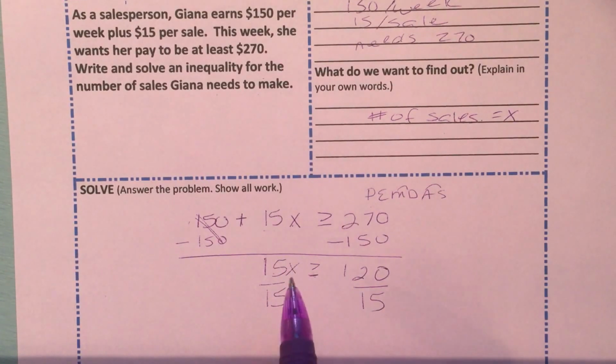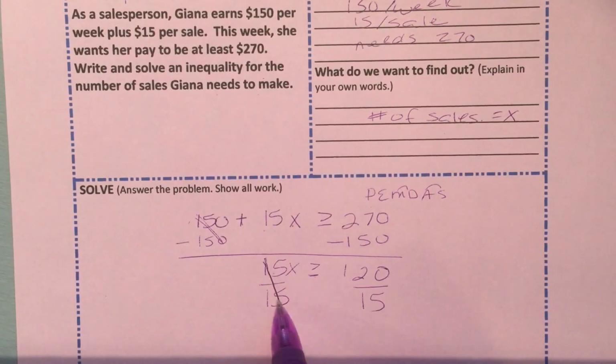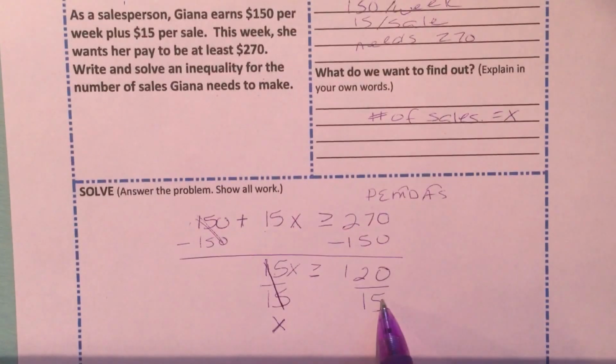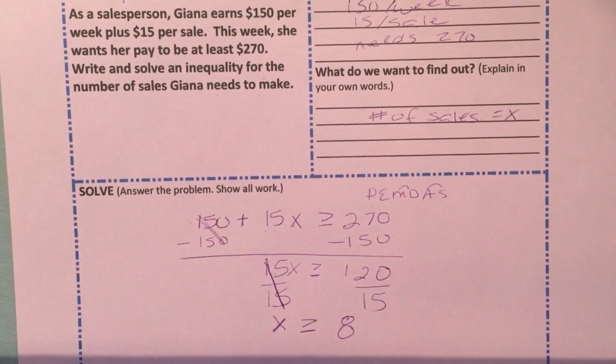That's how we get this 15 away from the x: 15 divided by 15 gives me 1. So now I have 1x, or just x. And since I divided by 15 here, I also divide by 15 here. 120 divided by 15 is 8. Bring down my inequality: x is greater than or equal to 8.